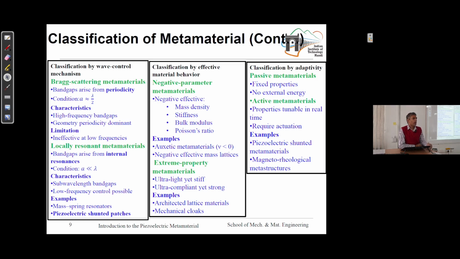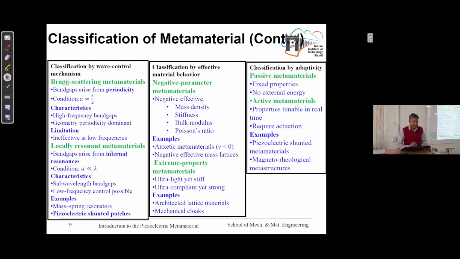We don't want any vibrations or waves. In that case, we can classify metamaterials as Bragg scattering metamaterials, and second, locally resonant metamaterials.